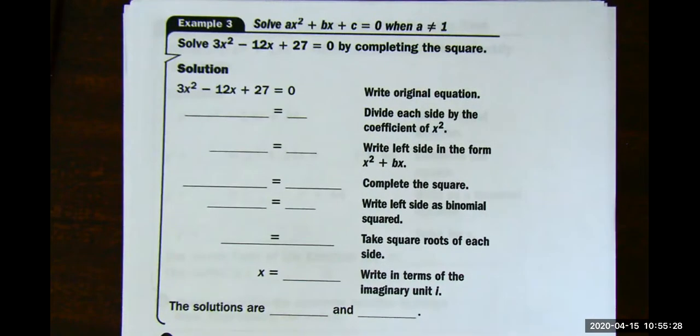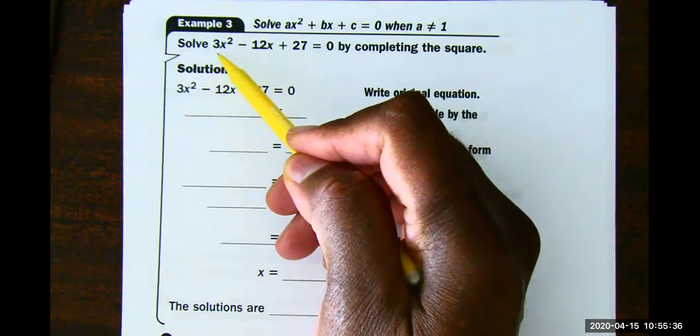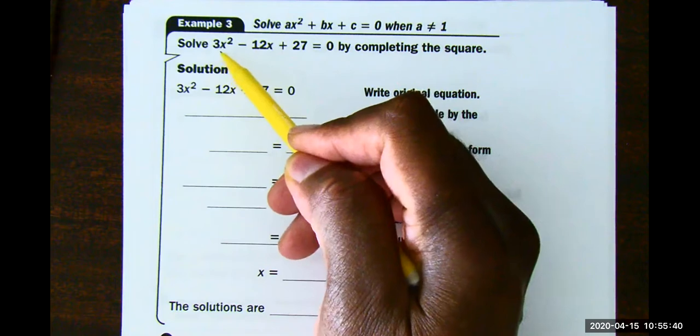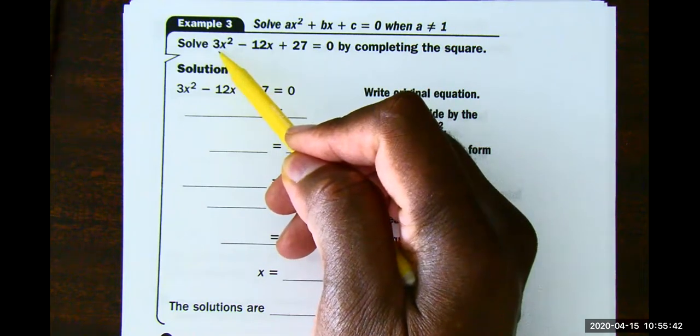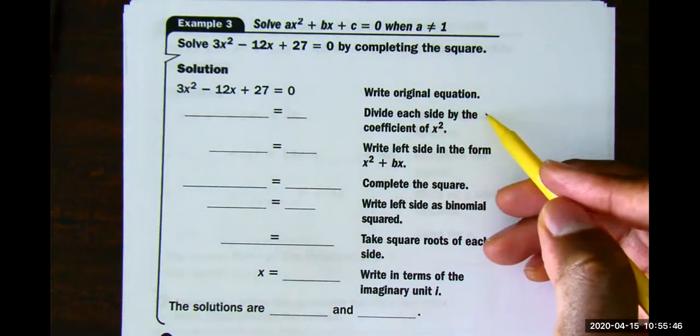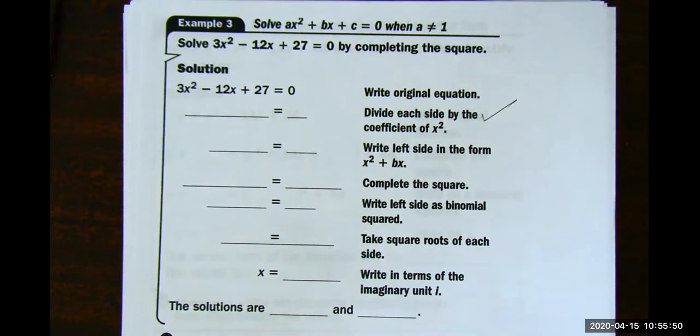Okay, I'm going to work this one out now. Previously, what we dealt with thus far was when our a value was 1. When a is 1, there's nothing we really have to do, but when a is a number other than 1, we do have to do the same thing. What really happens is we divide each term by the coefficient of x squared.